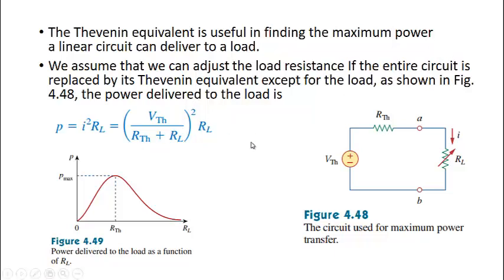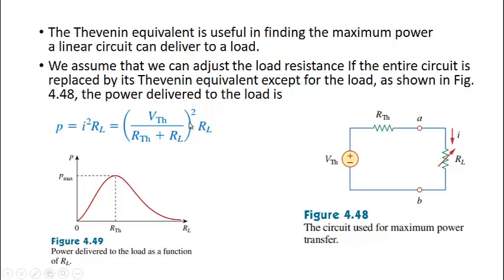Sorry, VTH divided by RTH divided by RL plus 1, sorry, not 1 divided by RL, because this will be RL square, it will be RL.